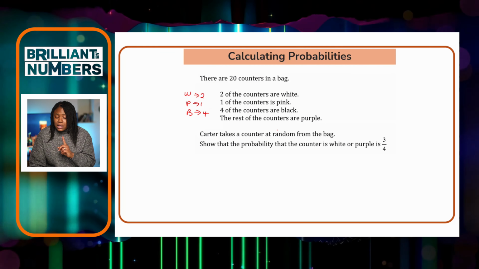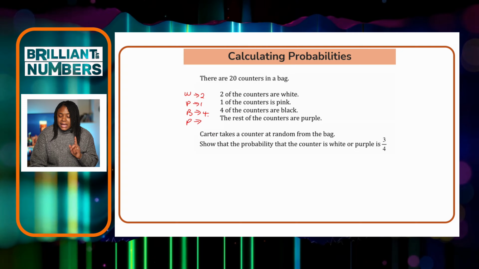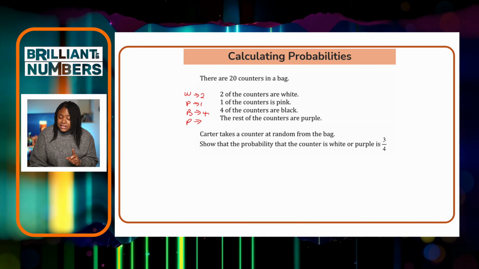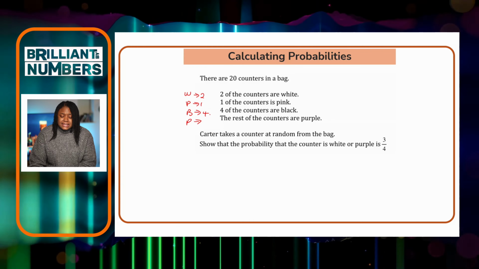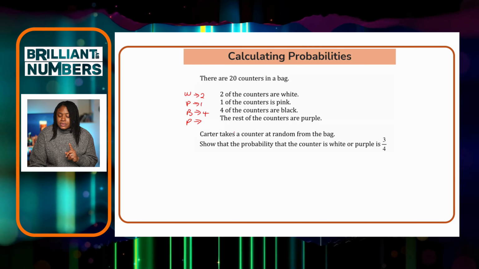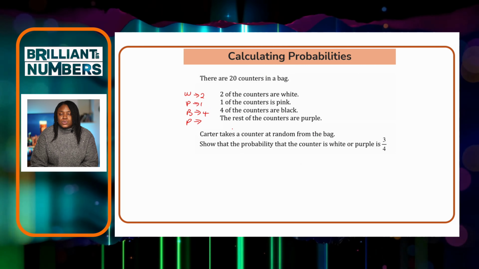The rest of the counters are purple, so let's put purple and then we'll work towards what that is. This question is different because it says Carter takes a counter out from the bag at random. It says show that the probability of the counter being white or purple is 3/4.